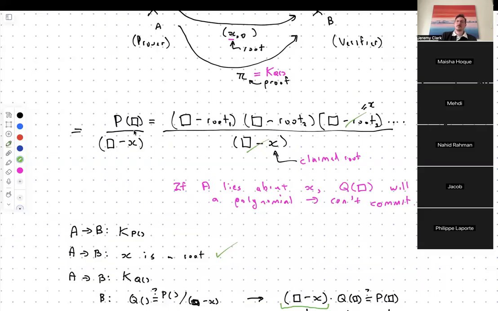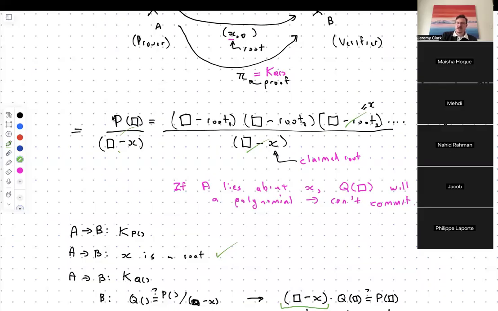So what I'm going to do to prove to you that this is a root is take the commitment to the polynomial and divide it by a commitment to this polynomial. Notice this is a polynomial, right? A variable minus x. It's a small polynomial, but it's technically a polynomial.